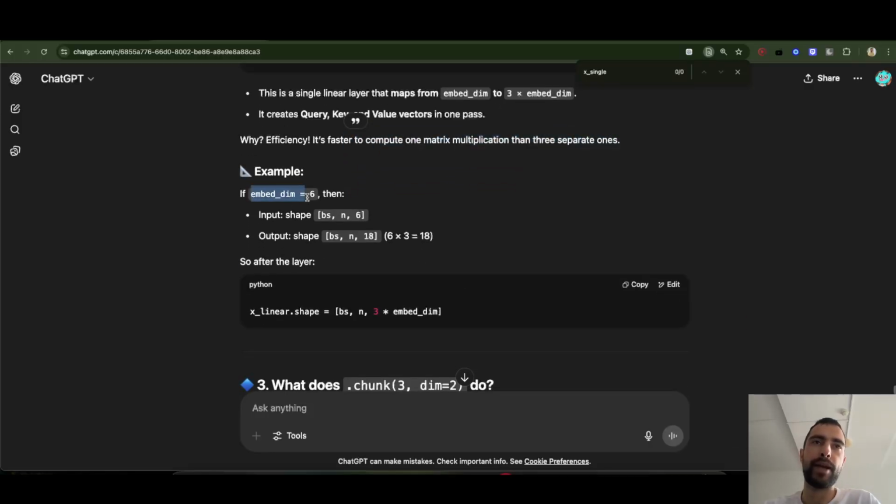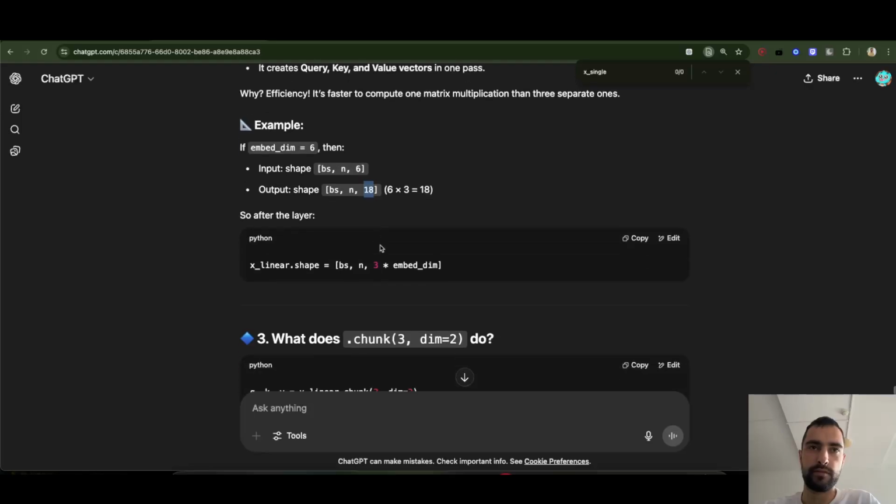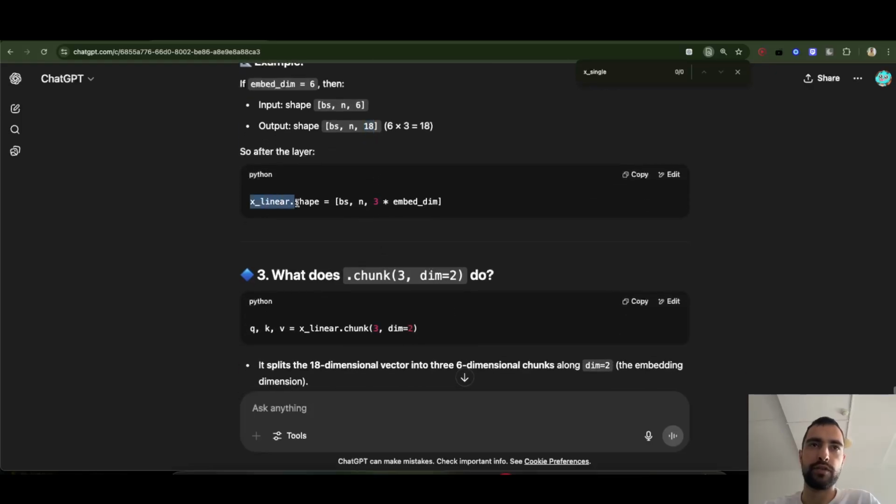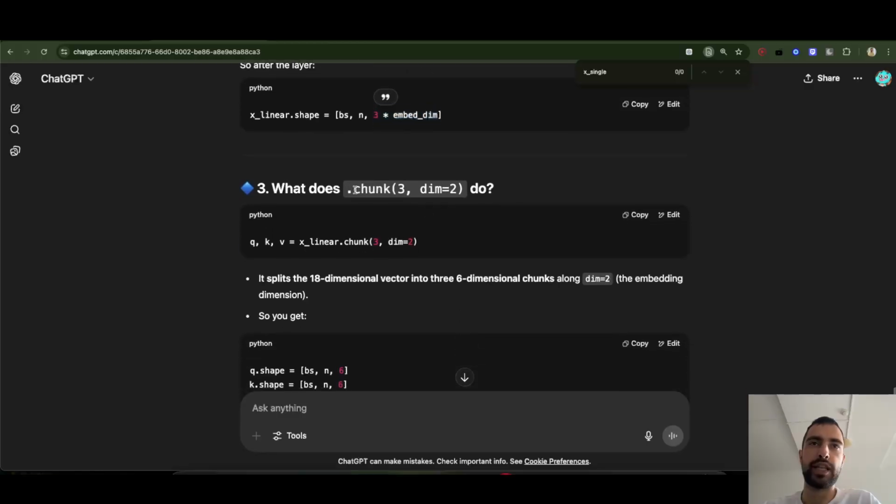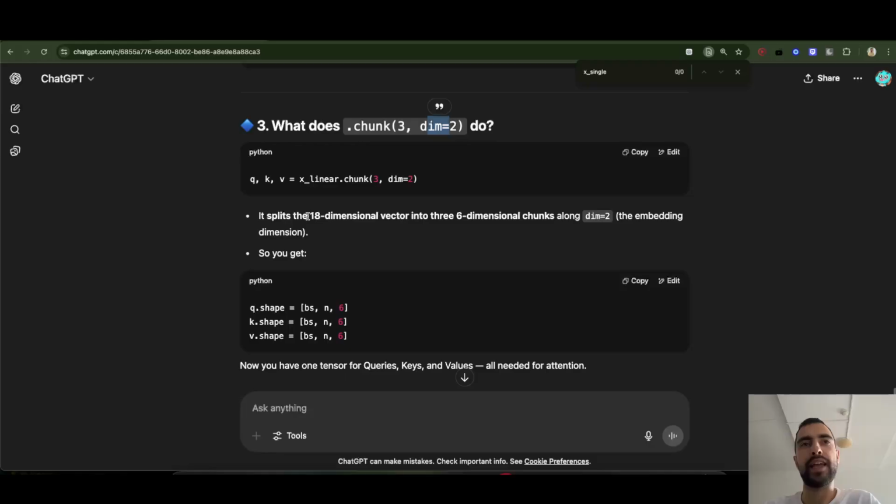If embedding dimension is 6, then the input shape is batch size, number of tokens, 6. The output shape is going to be the same but 18 here. So now this shape here is 3 times bigger. So what does this chunk 3 dim 2 do? It splits the 18-dimensional vector into 3 6-dimensional chunks along dimension 2, the embedding dimension.